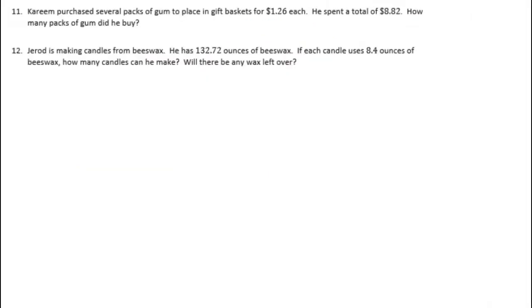Number 11, Kareem purchased several packs of gum to place in gift baskets for $1.26 each. He spent a total of $8.82. How many packs of gum did he buy? Okay, so he spent a total of $8.82, and it was $1.26 each. So first I'm just going to estimate. So my estimate, this is close to $9.